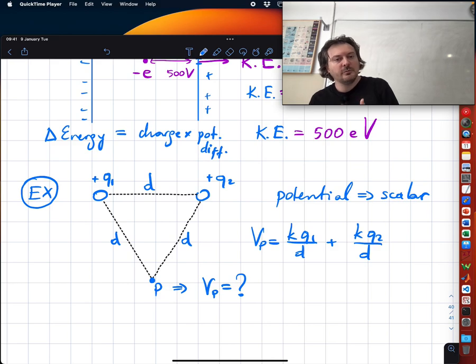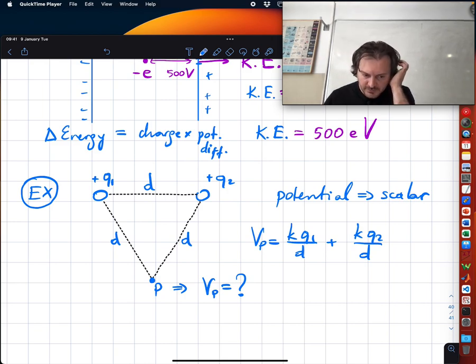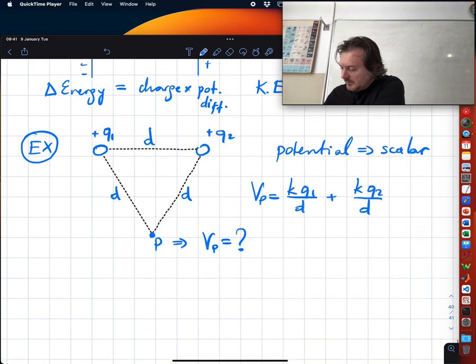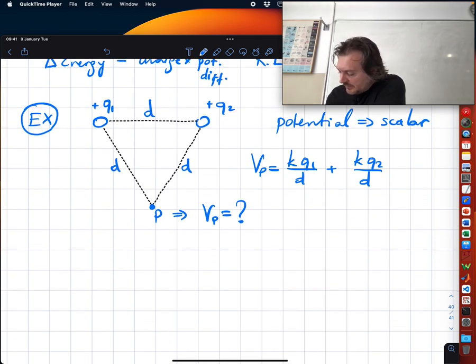That's with respect to what we are calling this k q1 over d. There is only one exception, I guess, in my notes where we don't assume that the potential at infinity is zero. Instead, we assume somewhere else. And yes, there's a reason. All right. So we add it up scalarly, right?